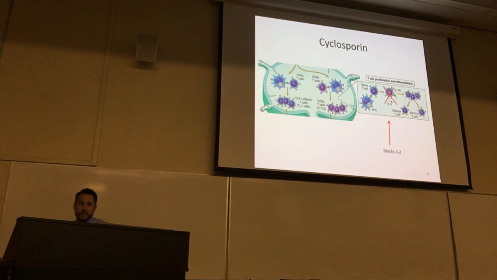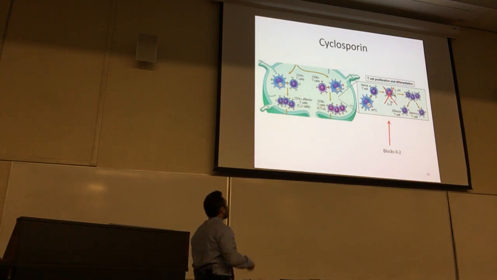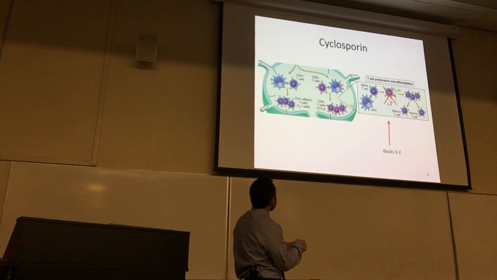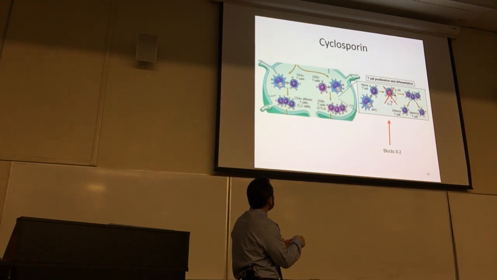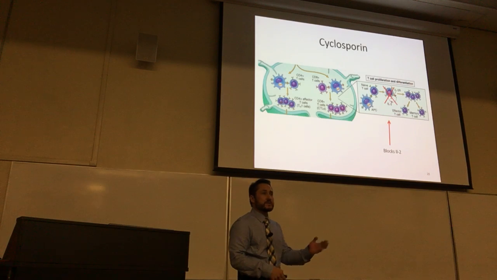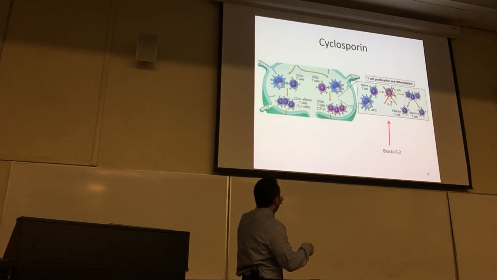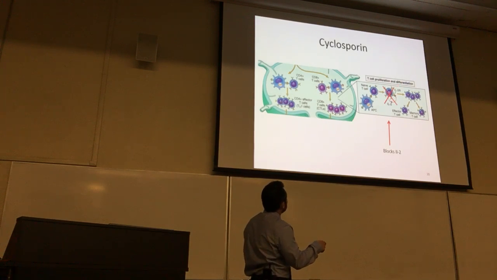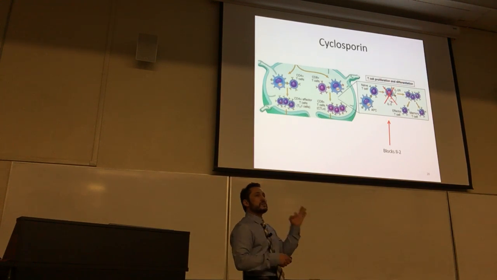Well, the way that we do this, if you back up to the last lecture series, we're at the level of the lymph node. This is a review slide at the level of the lymph node. We're blowing up this mechanistic pathway where we've got our CD8 positive T cells that are going to be presented an antigen, and then they become cytotoxic T lymphocytes ready to go out in the periphery and kick some butt. Well, before they go there, right here at this step, there's this intermediate step of interleukin-2 co-stimulation.